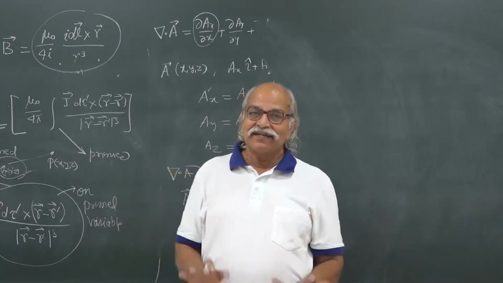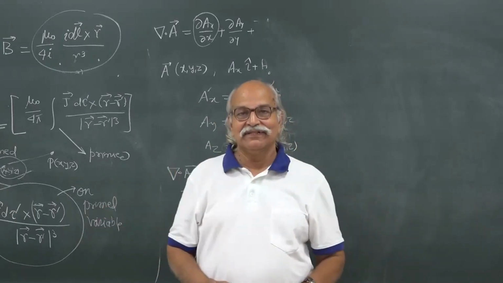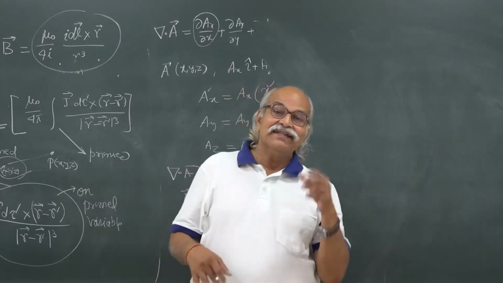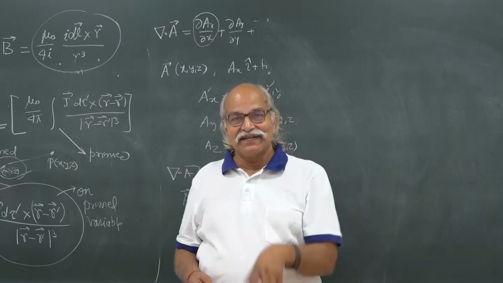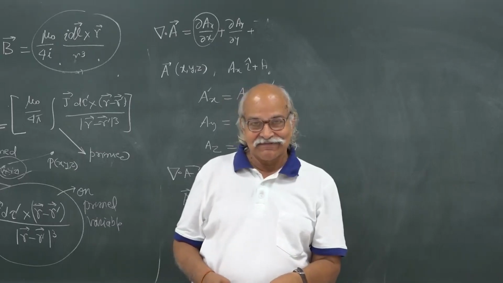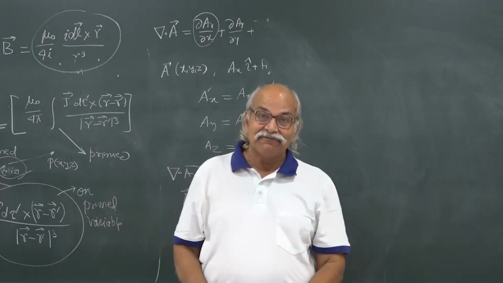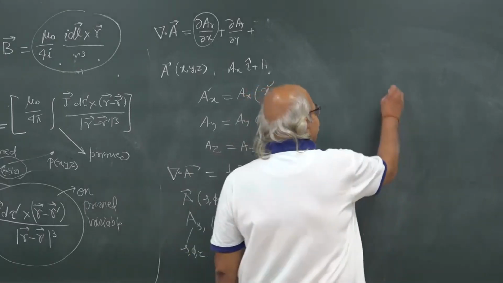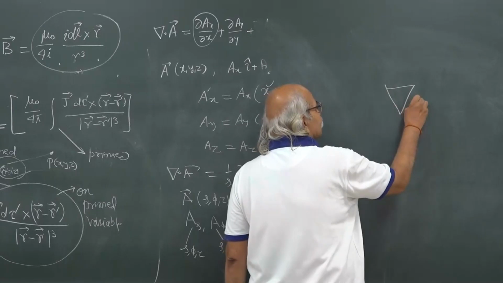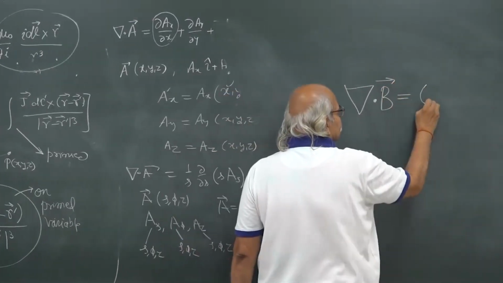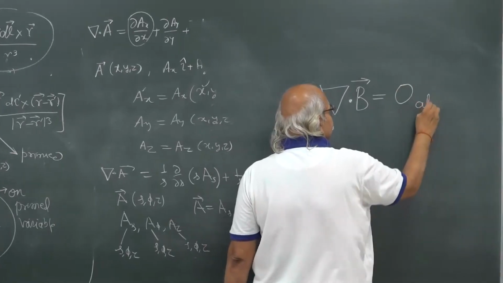You create magnetic field in whatever way. Changing electric field also produces magnetic field without currents. Whatever way you have magnetic field, once you calculate divergence of B, that divergence of B is 0 always.